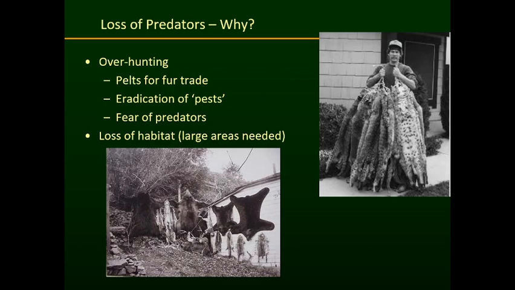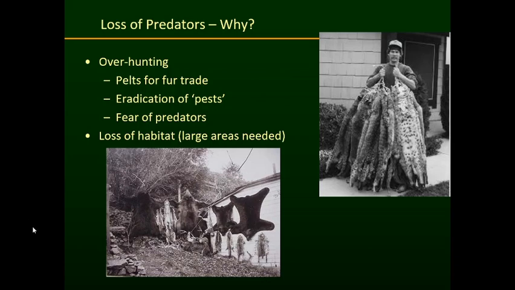Remember, the Europeans were coming from a landscape that had been cultivated and domesticated for many, many centuries. And suddenly they were in this landscape with all these crazy beasts roaming around, and they were quite terrified of that. And they would eradicate these species in part out of fear and in part because they were pests.